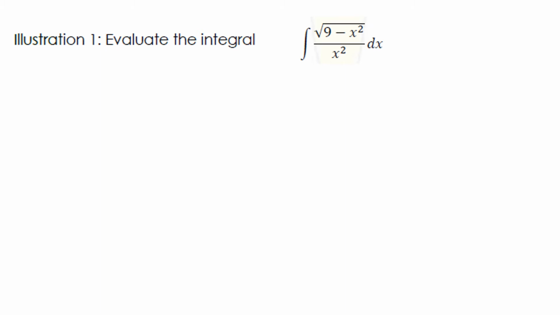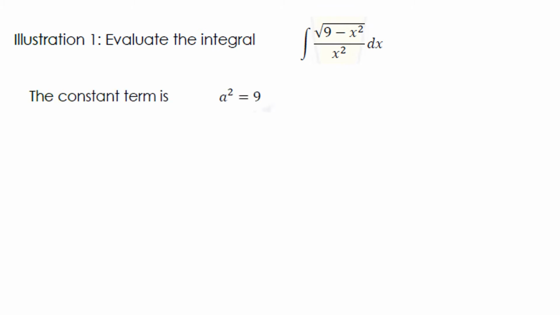So we will try trigonometric substitution. The difference of two squares here resembles a squared minus u squared. That is the 9 minus x squared found in the integral. So this will suggest a substitution similar to u equals a sine theta.